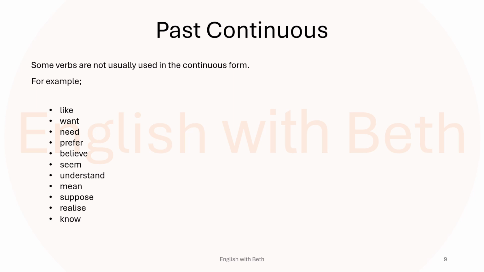If you have watched my previous video about the present continuous, you will already know that there are some verbs which are not usually used in the continuous form. So just as a quick reminder, these verbs include like, want, need, prefer, believe, seem, understand, mean, suppose, realize, and know.